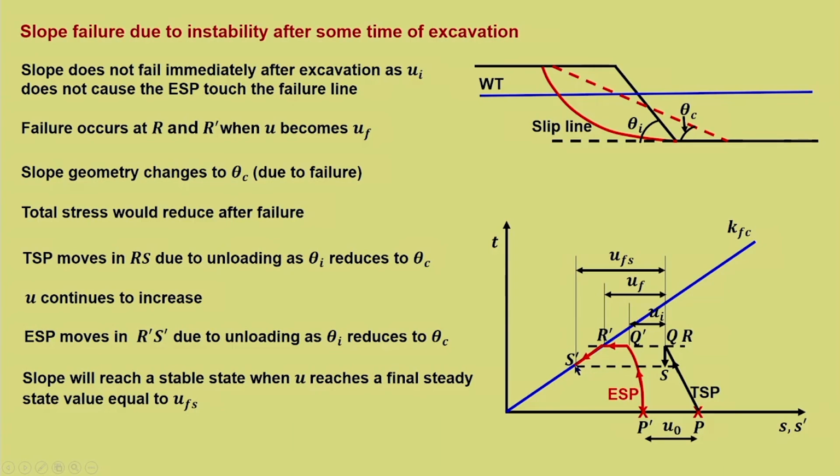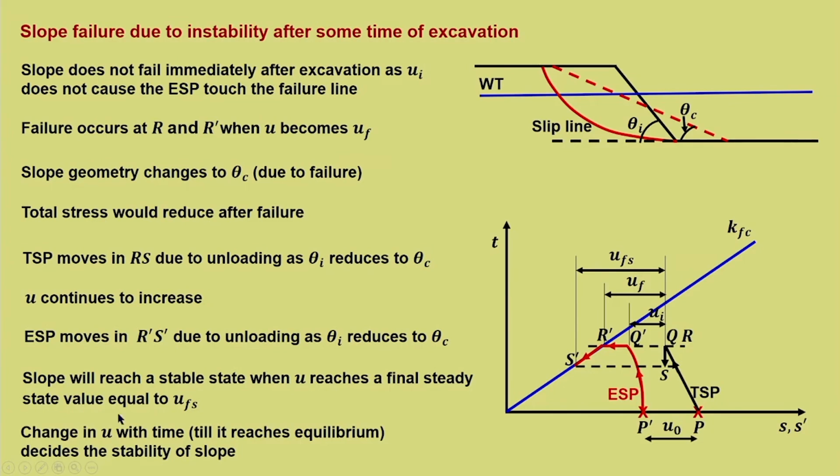At R dash S dash, the slope will be stable corresponding to theta C, and UFS is the final equilibrium pore water pressure. Change in U with time till it reaches equilibrium decides the stability of slope under excavation. So, two cases we have discussed: one is immediately after construction it fails, and the other is that after some time it fails.